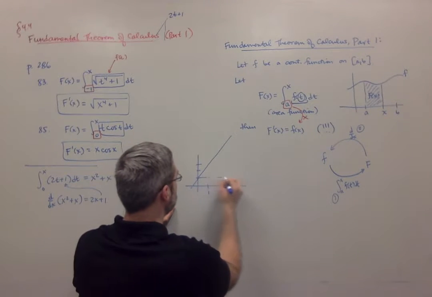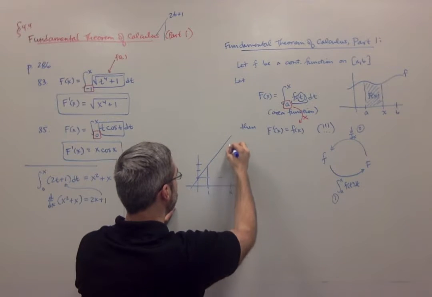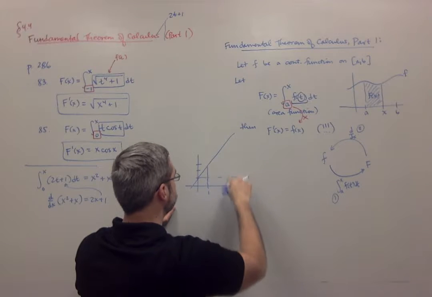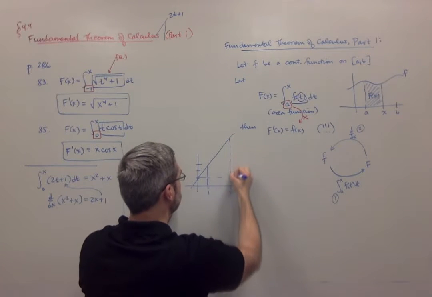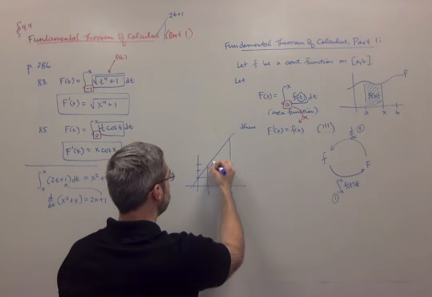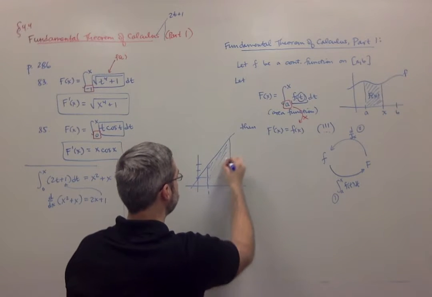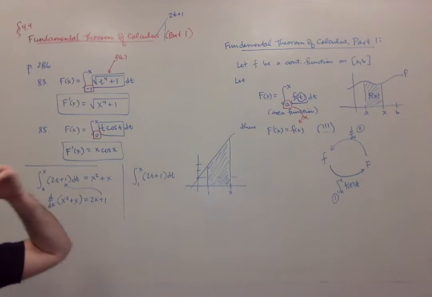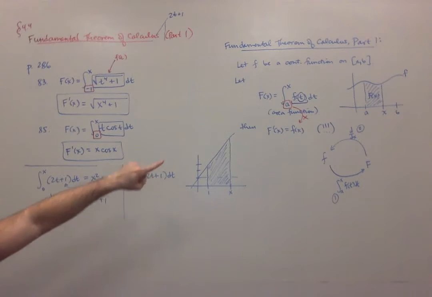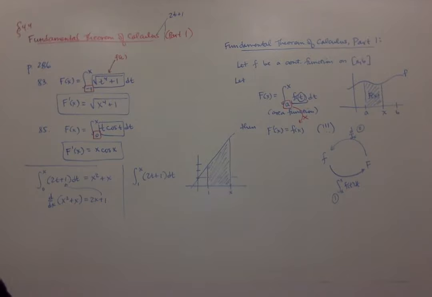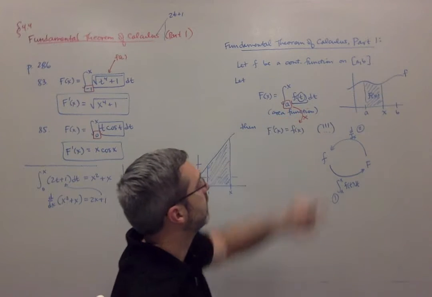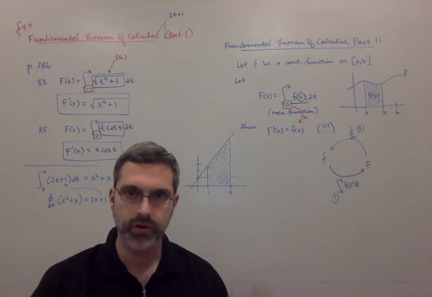So I want this area from 1 over to x. Okay, I want this area right here. We're doing this using geometry in a very specific way, so you can get a little more confidence that the theorem actually does work, and that this number down on the bottom actually doesn't show up in the derivative, okay?